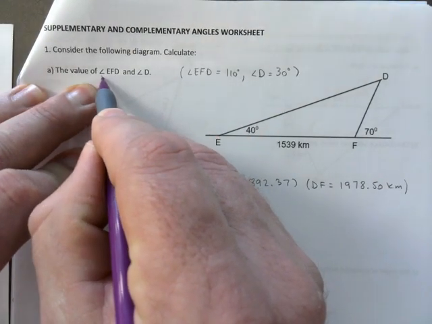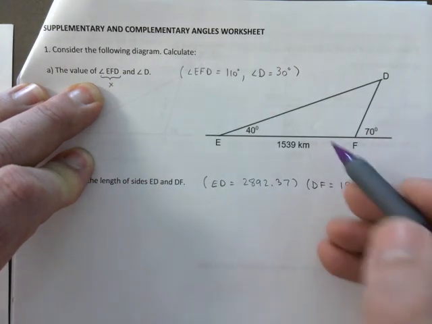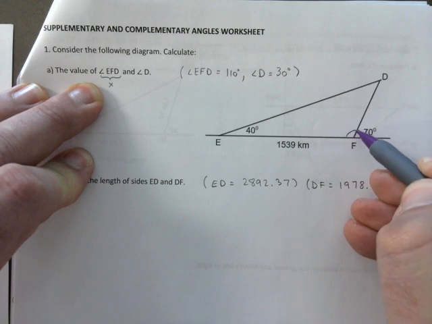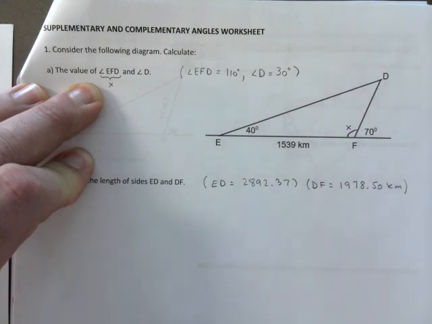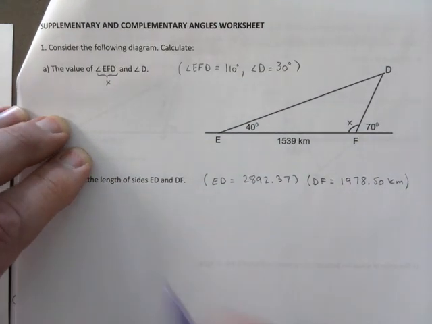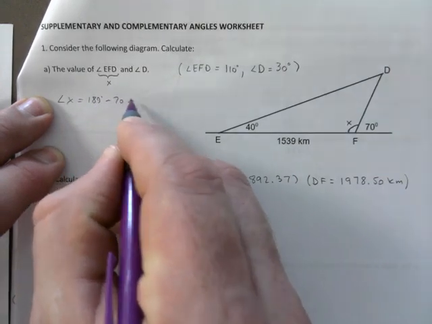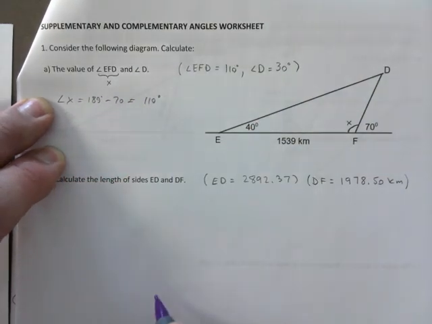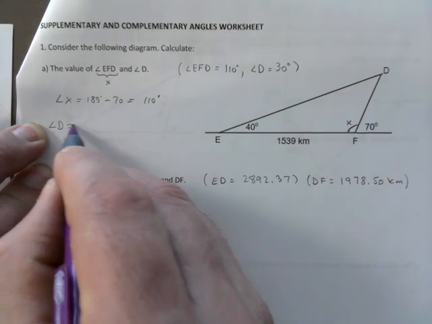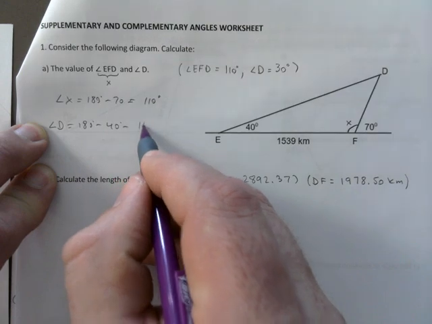So just go right under it and just say, hey, I'm going to call that angle X. So EFD is right here. Just put the X there, right? And now you don't have to worry about constantly using the three-letter notation, right? But angle X is simply 180 minus 70, which is 110. Angle D is 180 minus 40 minus 110.